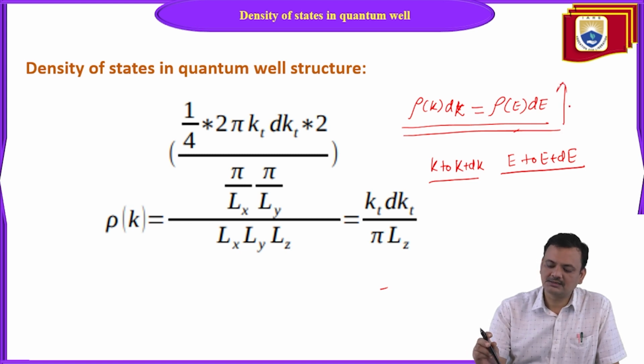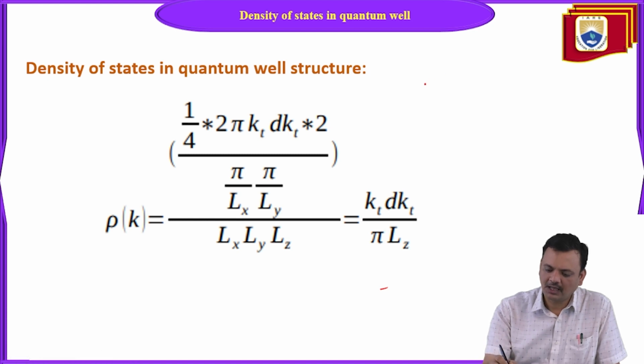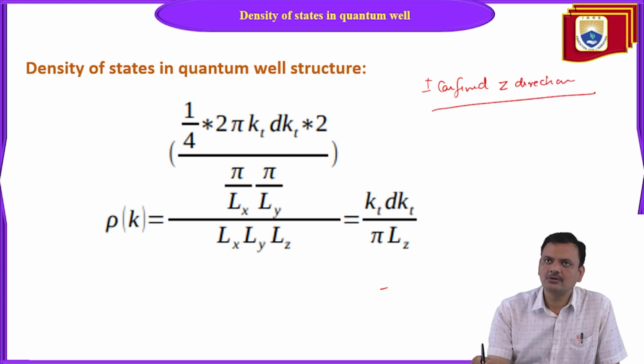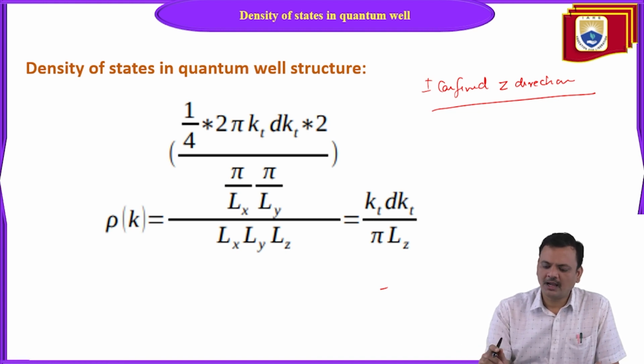But we are discussing quantum well structure, and in a quantum well structure, one dimension is confined. In our case, I confined the z direction, meaning the crystal cannot grow along the z direction. For that, we wrote an expression of energy.